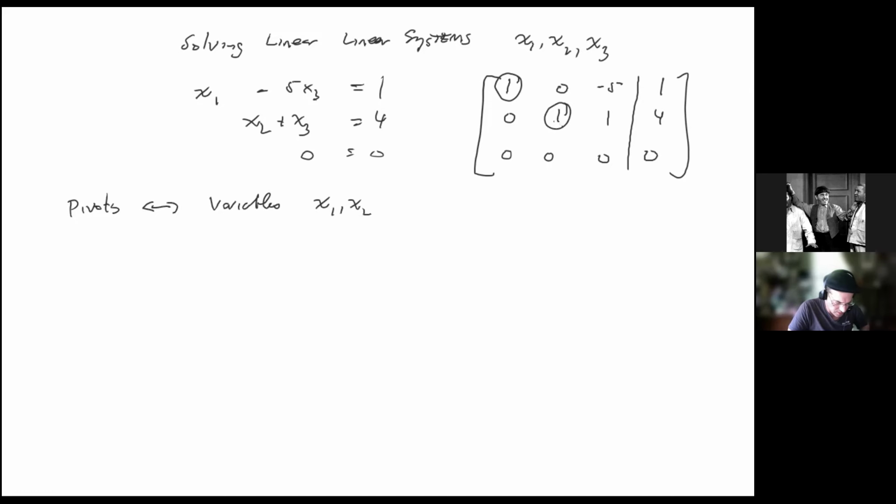So the pivots correspond to the variables x1 and x2, and these are called the basic variables in the book. They might also be called the dependent variables by some.